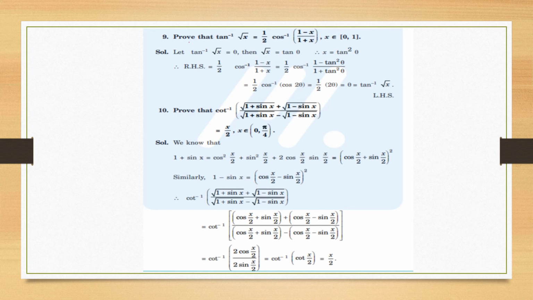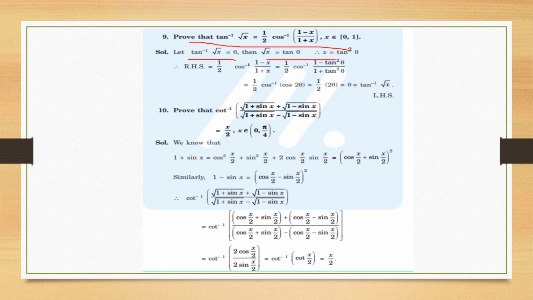Prove that tan inverse root x equals half cos inverse of 1 minus x upon 1 plus x, for x belonging to the closed interval 0, 1. So I will put tan inverse root x equal to theta. Root x is tan theta, and therefore x is equal to tan square theta. Our right hand side is half of cos inverse of 1 minus x upon 1 plus x. Place the value of x as tan square theta.